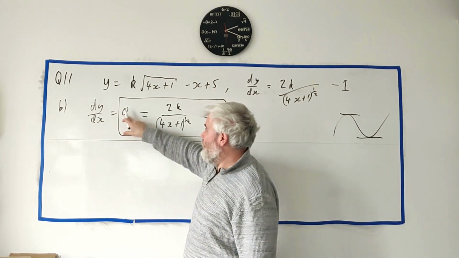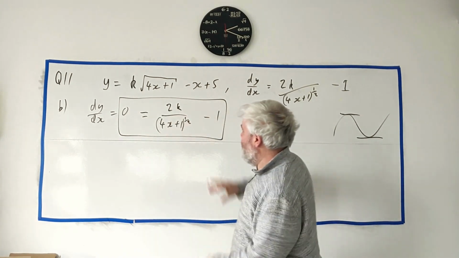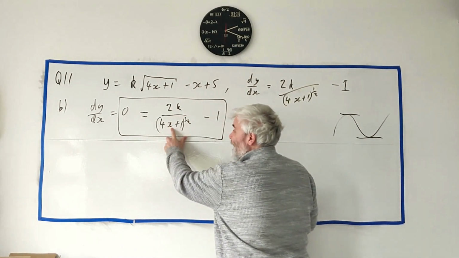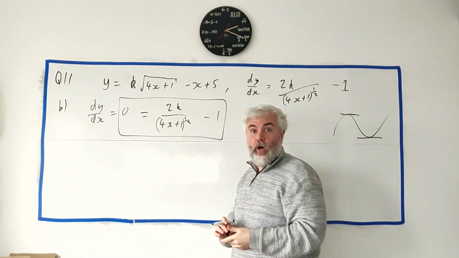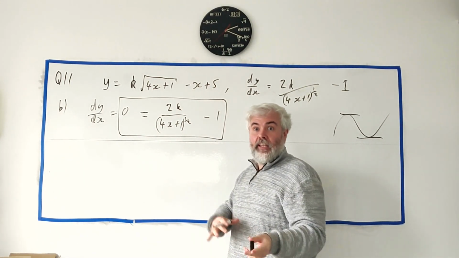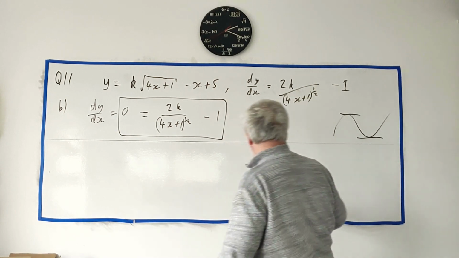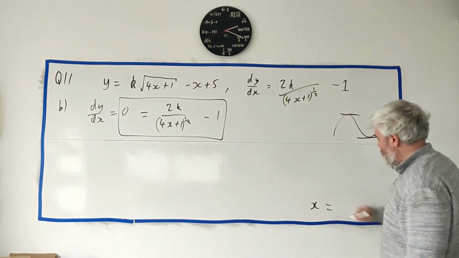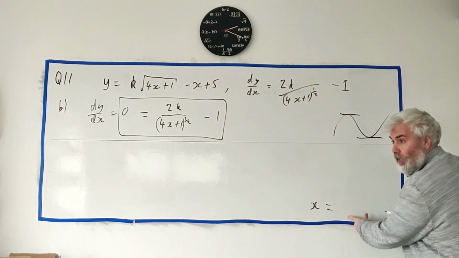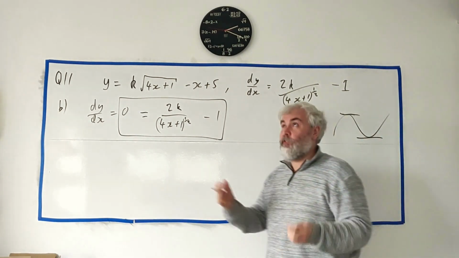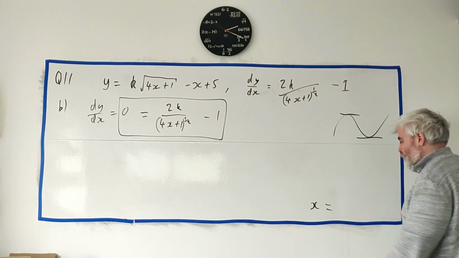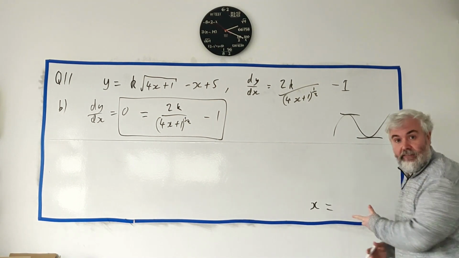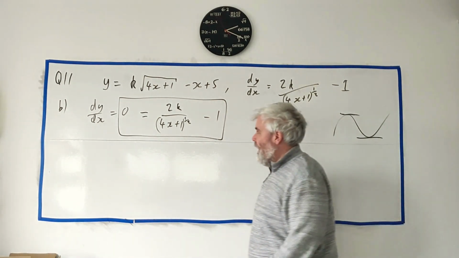We know dy/dx equals 0, so now we know 0 equals this. This equation has an x in it and a k in it. And they want the x in terms of k. So basically at the end they want x equals, and they don't want a number here, they want some k's. Well, some numbers, I guess, and k's. So maybe like 5k or 8k minus 7. You know, something involving a k.